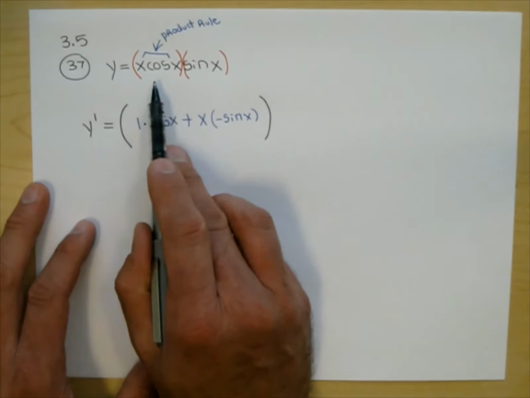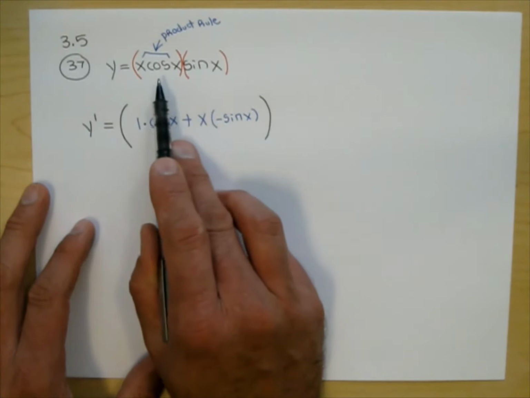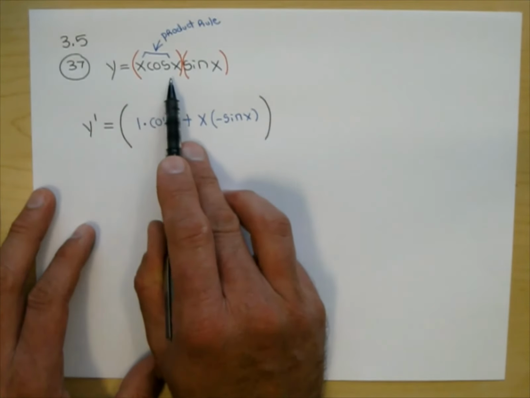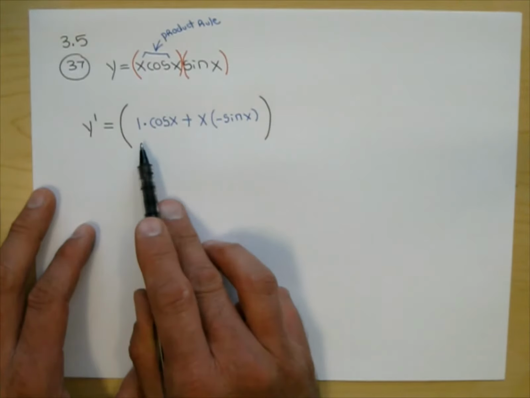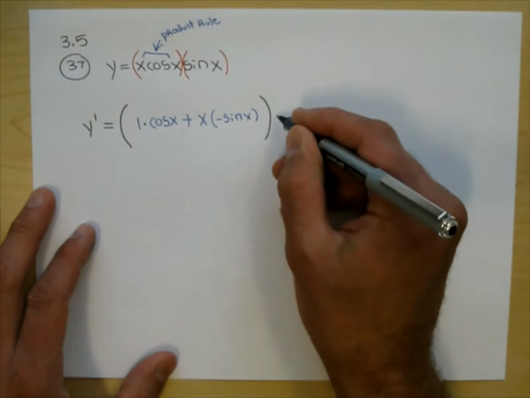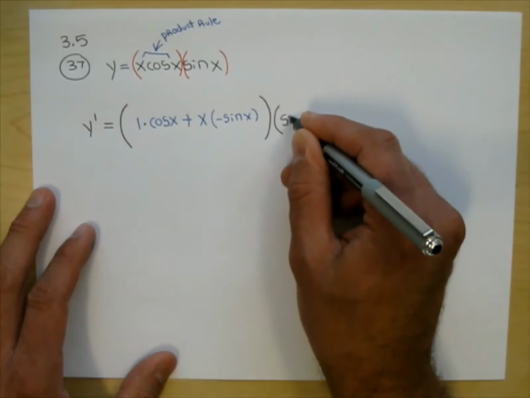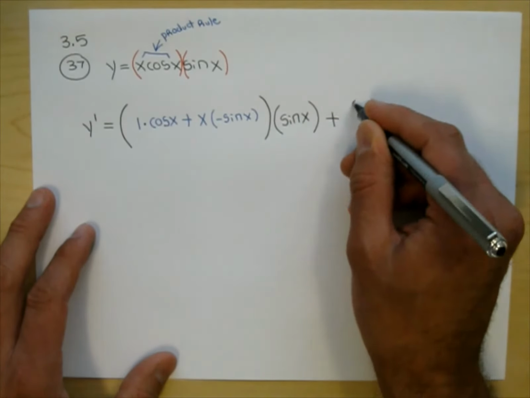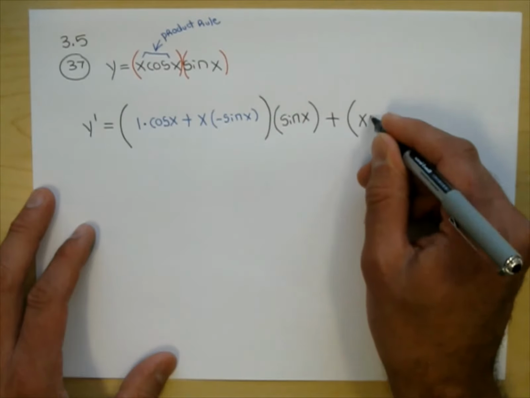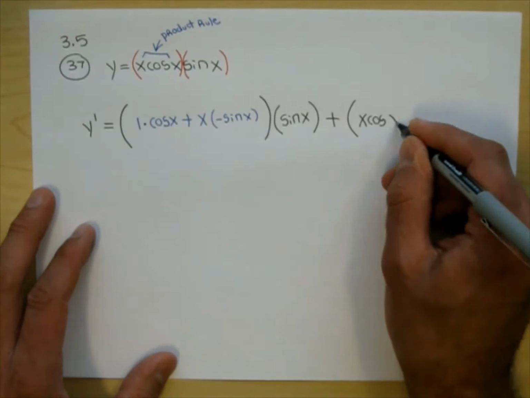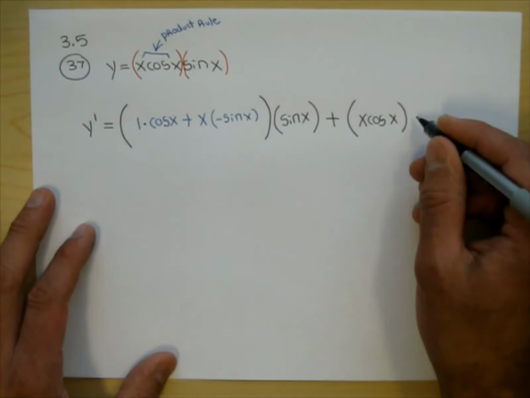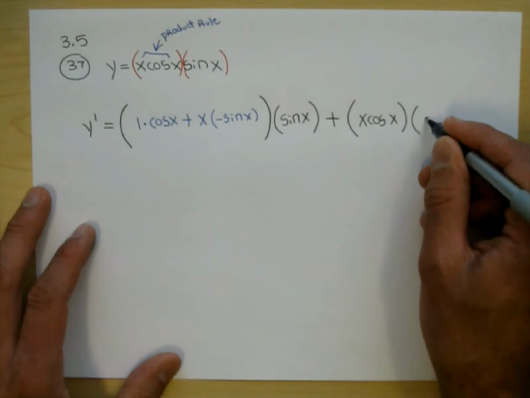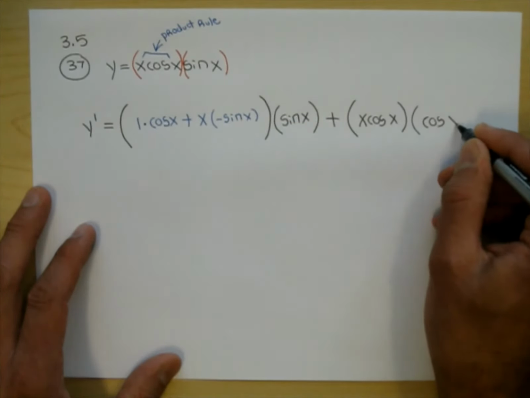So now let me do the big picture product rule, which says the derivative of the first, which we already did, times the second, plus the first, x cosine x, times the derivative of the second. The derivative of sine x is the cosine x.